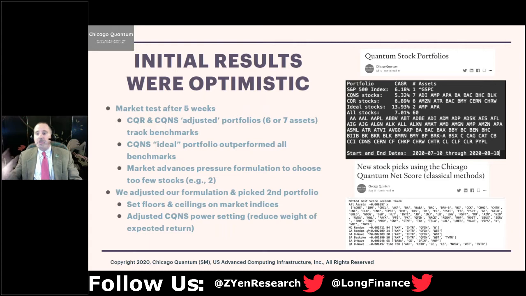We could just use market momentum on top, which is the covariance of the stock to the market, in this case the S&P 500, divided by the same standard deviation. And the Chicago Quantum Ratio actually tracks the market really nicely. It's almost 7% to 7%. But our ideal portfolio, which was Chicago Quantum Net Score, achieved a 13.93% return versus the benchmark of the 60 stocks of 7. So terrific first results. We published them. If you go to the next slide, please.